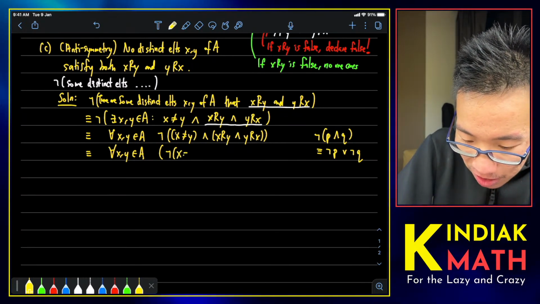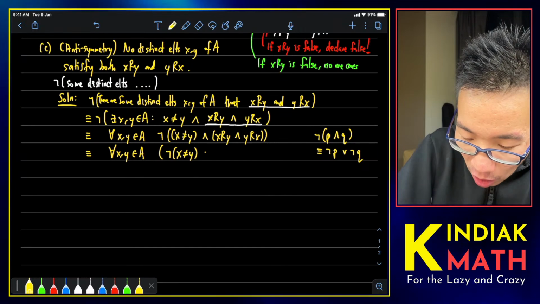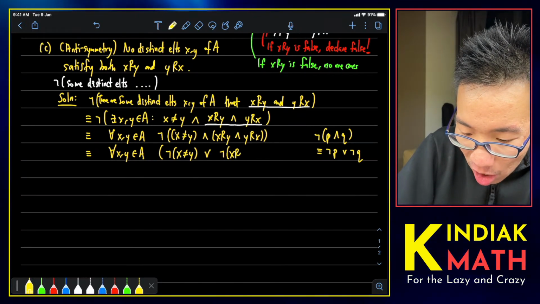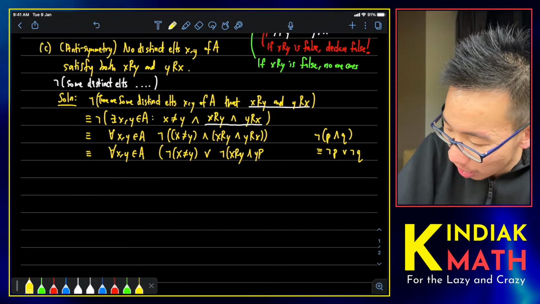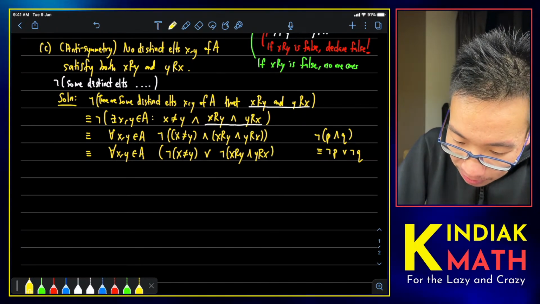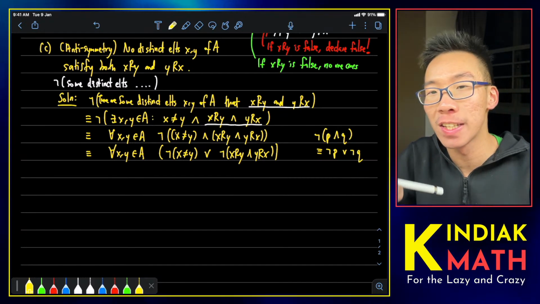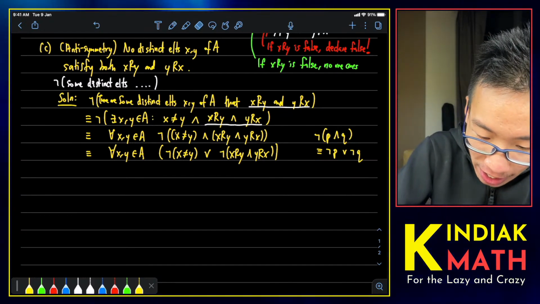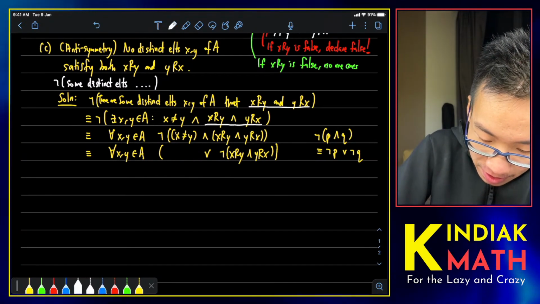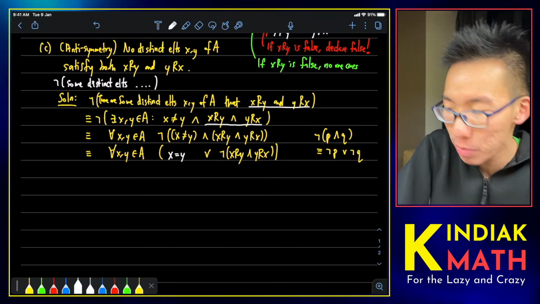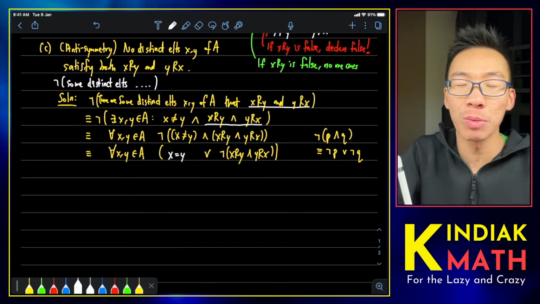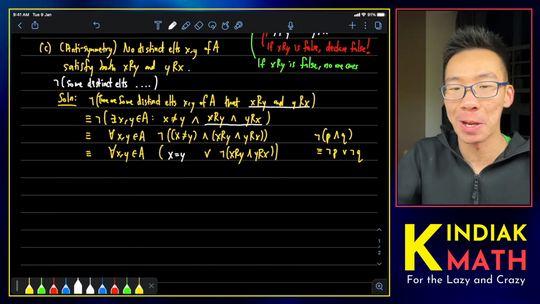So negation of x not equals to y, or negation of x are y and y are x. And instead of writing negation of x not equals to y, I'm going to write this as, well, x equals to y. The opposite of x not equals to y is x equals to y.